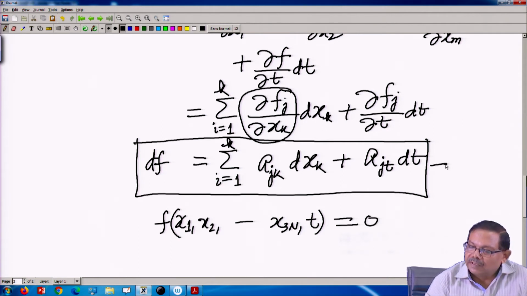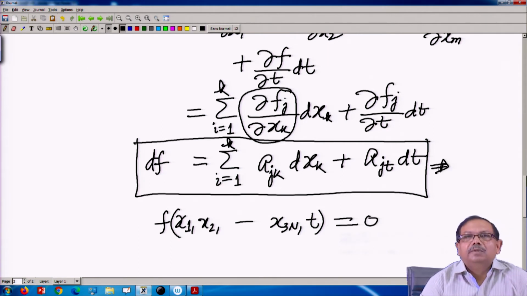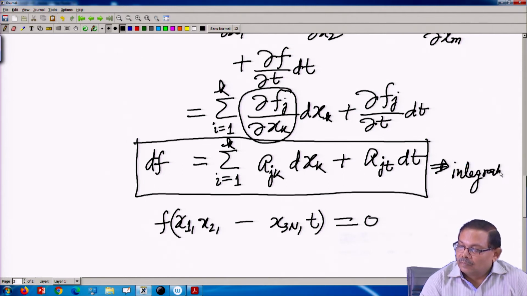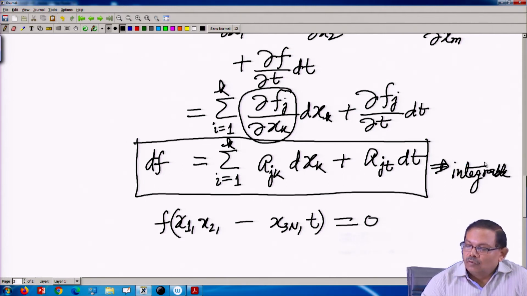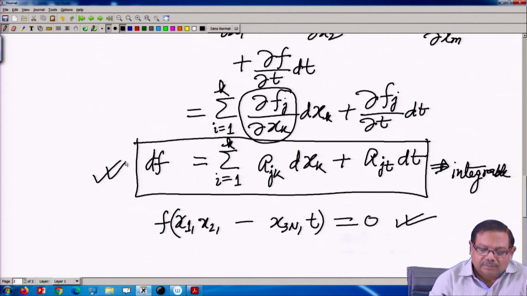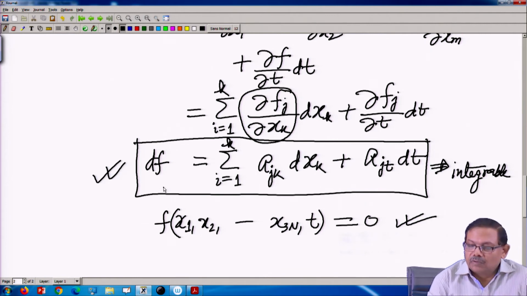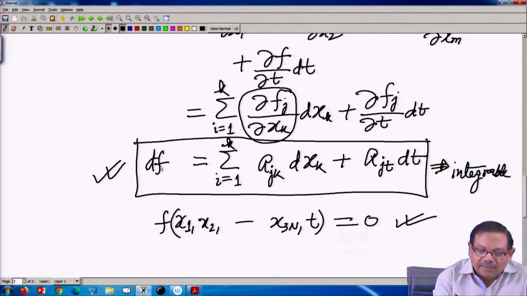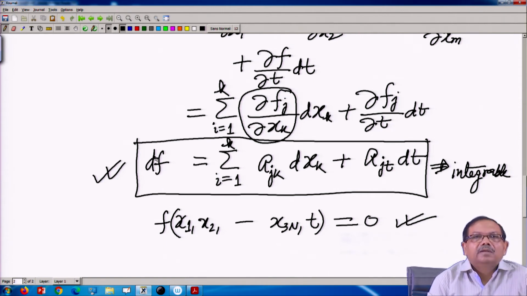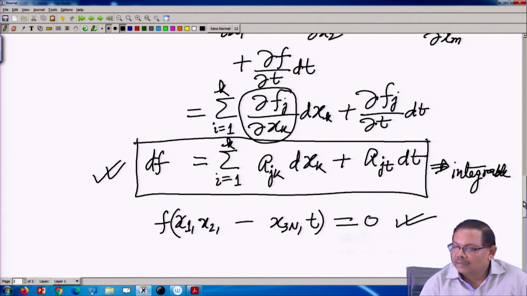That means this expression should be integrable. So, holonomic constraints may be expressed like this or like this. It can also be expressed in differential form, but then this differential should be integrable, so that I integrate it and get this one.